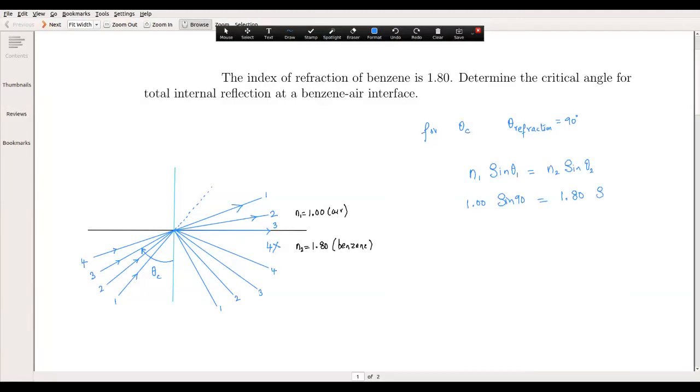And theta 2 is the critical angle we are interested in. Sine of 90 is 1. So sine of the critical angle is 1 over 1.80. So the critical angle is equal to sine inverse of 1 over 1.80. And to 3 sig digits, it is 33.8 degrees.